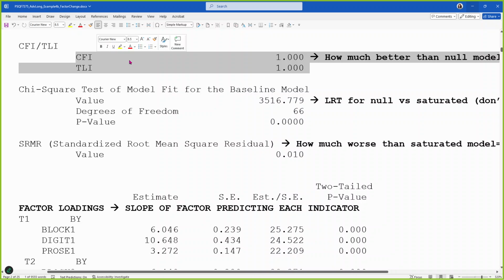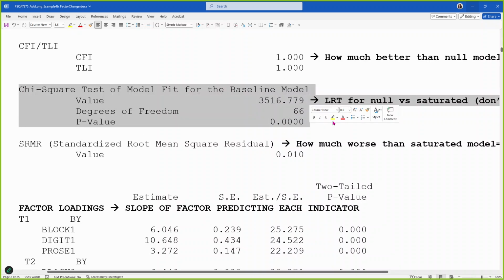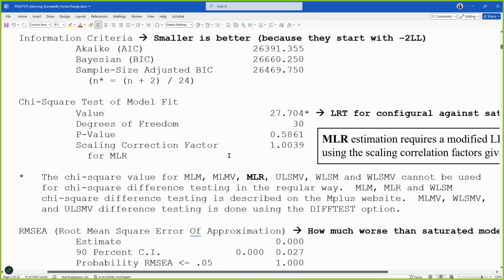And that is perfect. 1 is as high as CFI can go. TLI can actually go above 1. You can ignore this one. This is a test of saturated versus worst. None of them involves your model. And that one is how wrong are you on average in a correlation metric. And 0.01 is pretty darn good. So I'm happy with this. This is like the best fit I've ever seen in real data. I know.